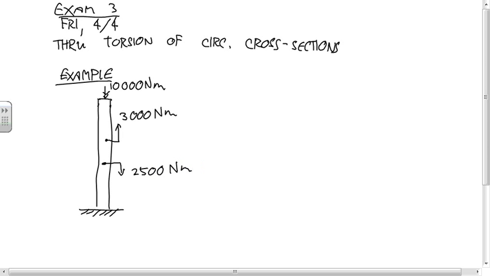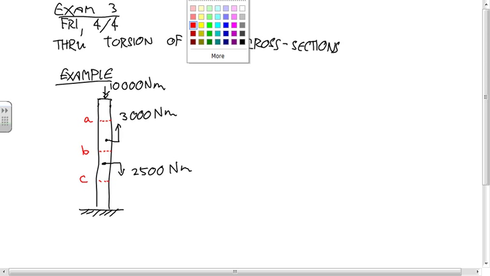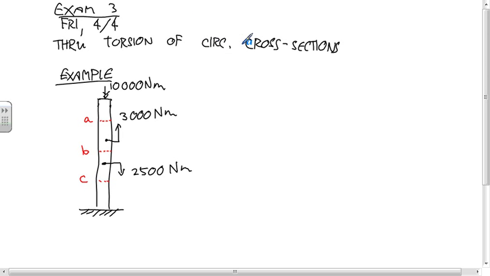And say we want to calculate the amount of torsion here, here, and here. Okay, so how would you do that? Yeah, exactly. So what's the torsion at A, B, and C?